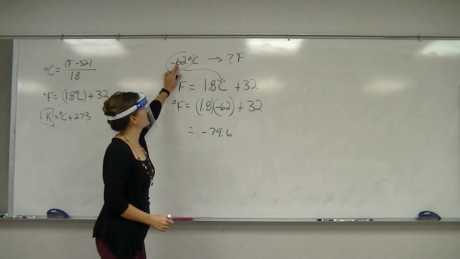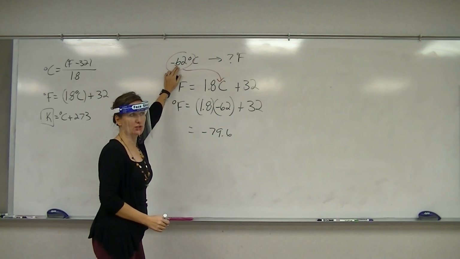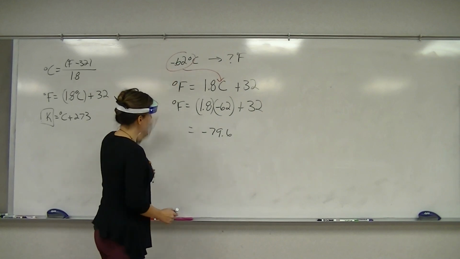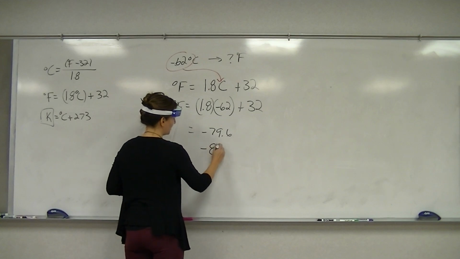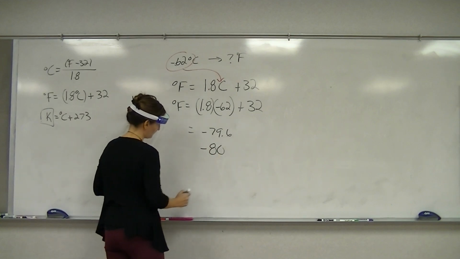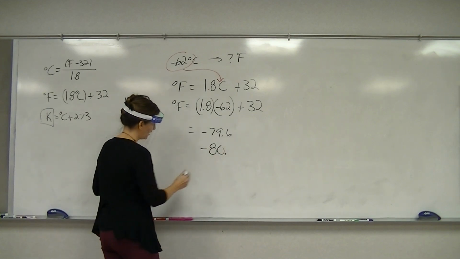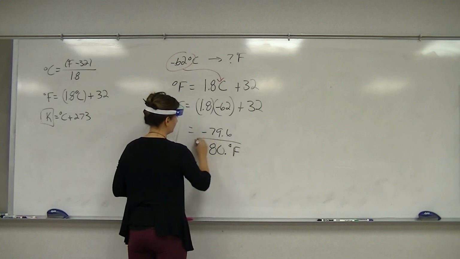I want to keep the sig figs from the original question, so it's going to be -80. I'm just rounding. And this is Fahrenheit.